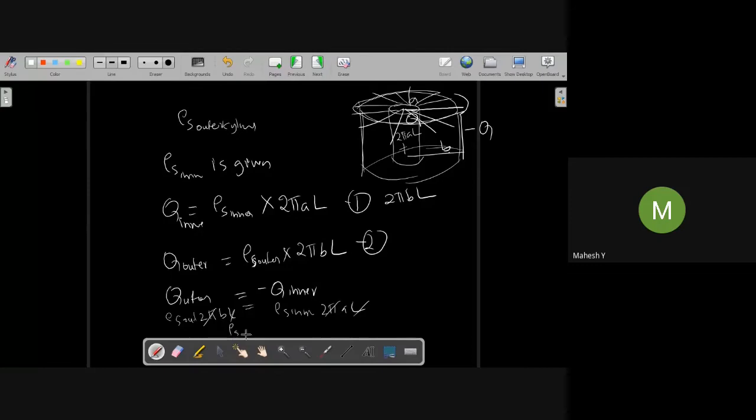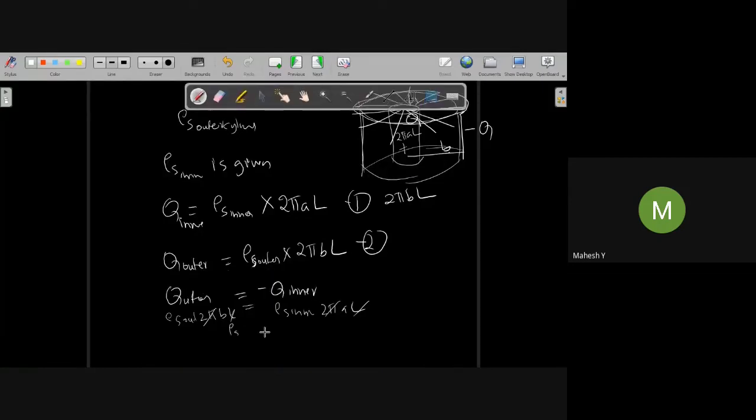So rho S outer is equal to rho S inner into A, and B can be brought here, so A by B. There is a minus sign. Okay, so this is the expression: rho S inner into A by B.